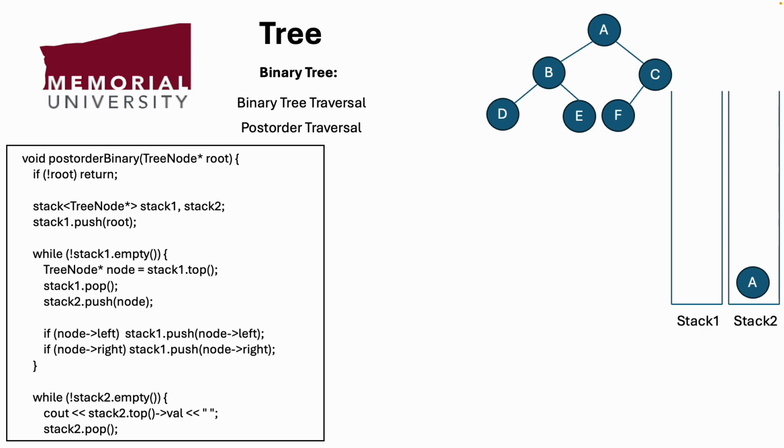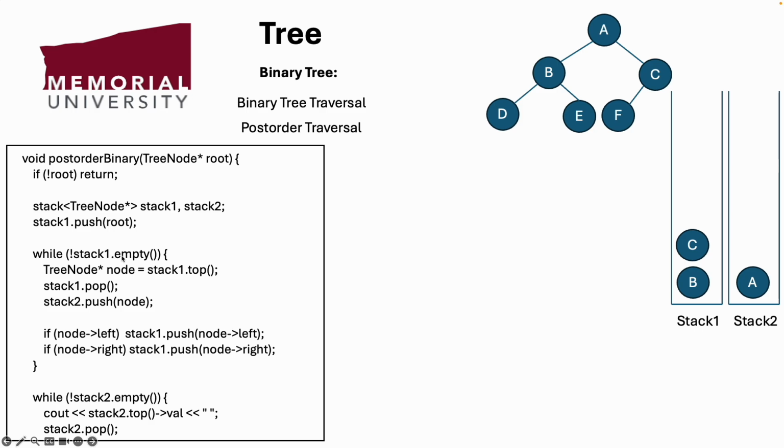Let's check whether A has a left child and right child or not. If yes, we are going to push them into stack 1. So A has 2 children, right? The left is node B, and the right is node C. Now let's check whether stack 1 is empty or not.